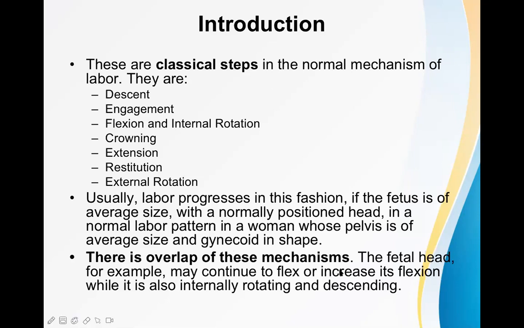There is an overlap of these mechanisms. For example, flexion is continuous through so many different steps. Internal rotation is also quite common in different steps. So there is a good overlap of these mechanisms.